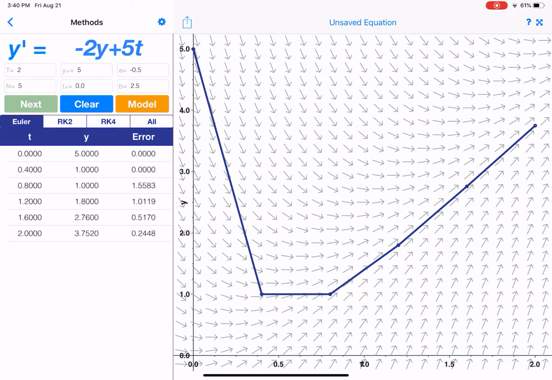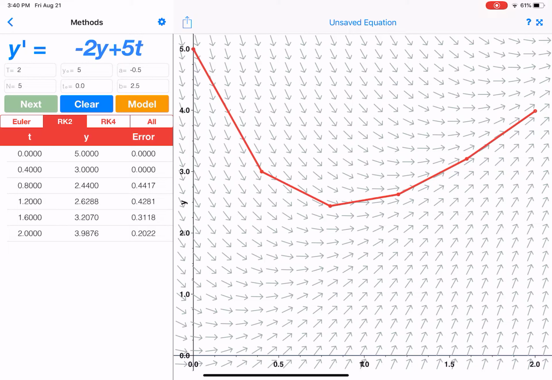And our estimate of y was 3.75, and the error for that estimate, because we can't actually solve this one exactly, was 0.2448. We moved to second order Runge-Kutta and then improved our estimate to 3.9876, right? And the error was now 0.2022.